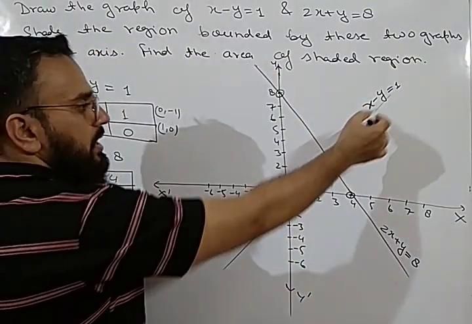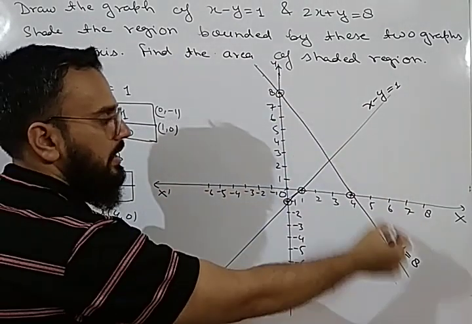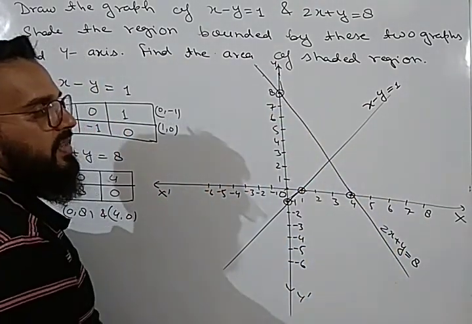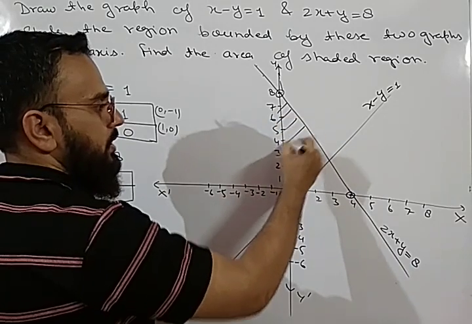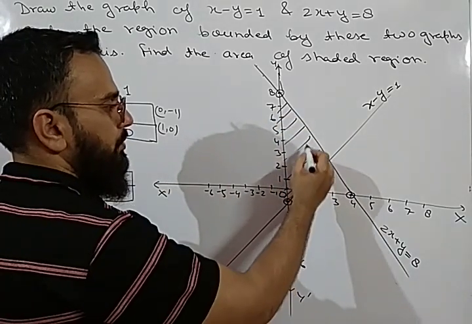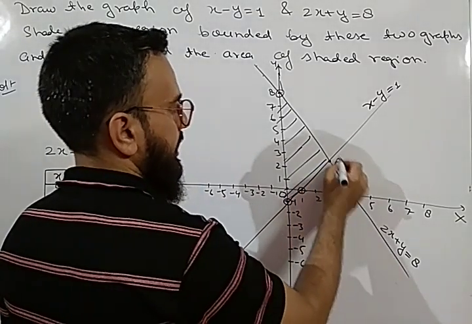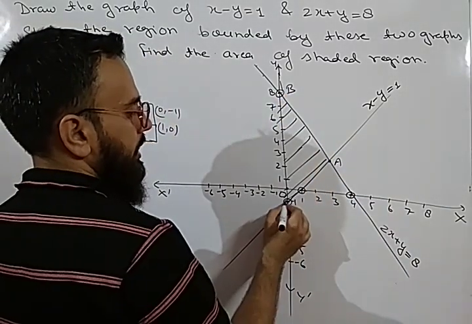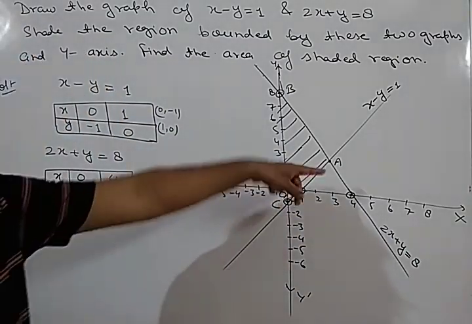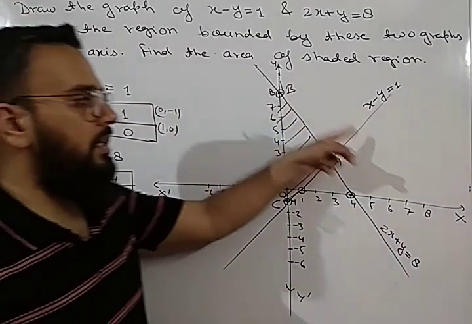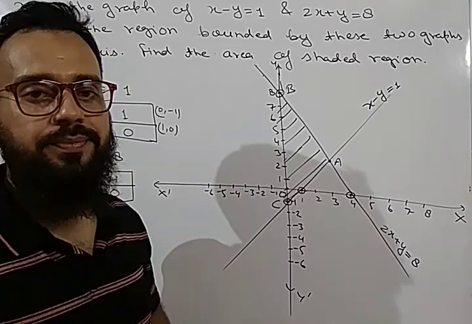This is our first graph, this is our second graph, and this is the y-axis. This will be the region. We can mark it as point A, point B, and point C. So ABC is the region between both the graphs and the y-axis.